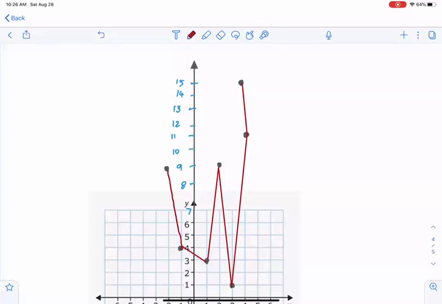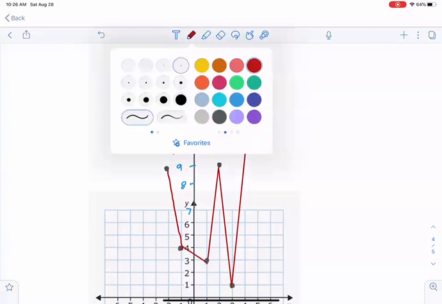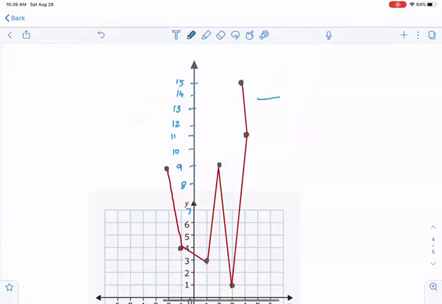So here is the concept. If anywhere on the graph you see a vertical line between 2 points, then the graph is not a function. So we have a vertical line there.